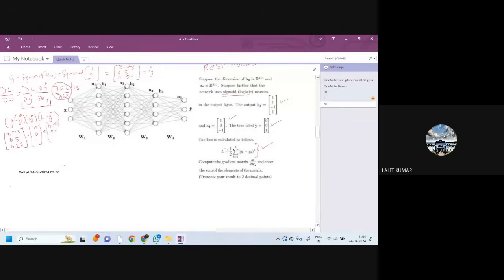Let's check 0.73. check करने दो एक बार फॉर्मूला. y hat minus y. ओके, तो ये हो जाएगा 0.73 into 0.73 into 0.27 और ये हो जाएगा 0.5 into 0.5 into 0.5, 0.27 to 0.27 into 0.73 is equal to 0.125.